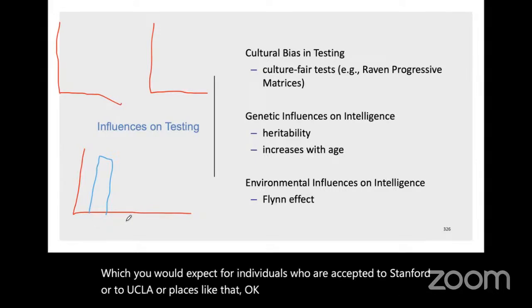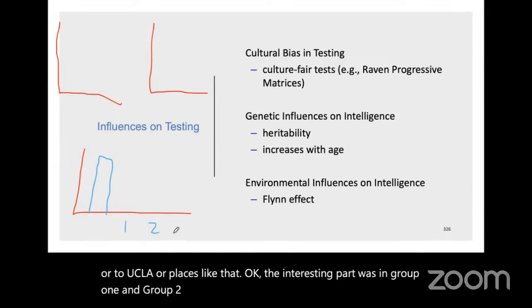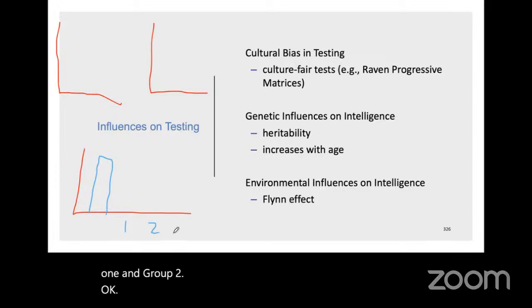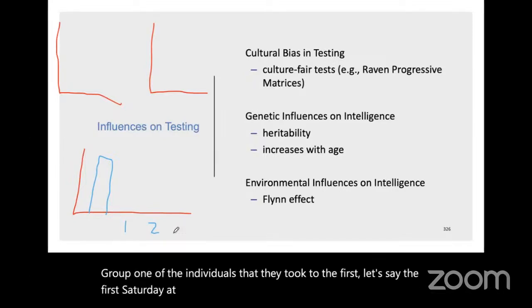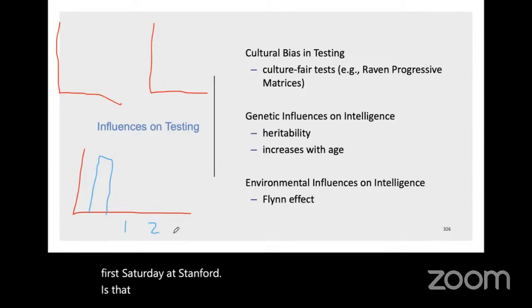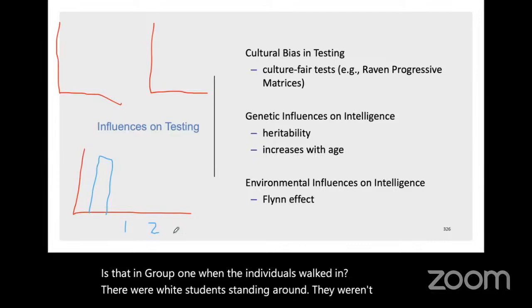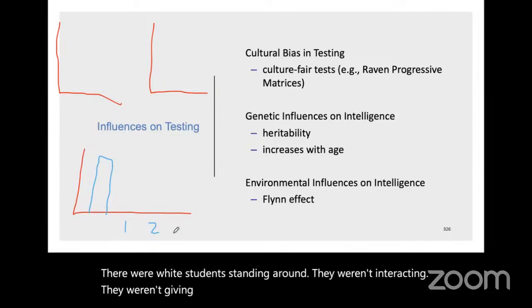The interesting part was in group 1 and group 2, okay? Group 1 of the individuals that they took to the first, let's say the first Saturday at Stanford, is that in group 1, when the individuals walked in, there were white students standing around. They weren't interacting. They weren't giving any dirty looks. They were just there. All right.